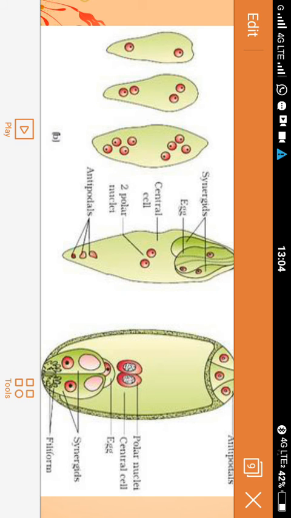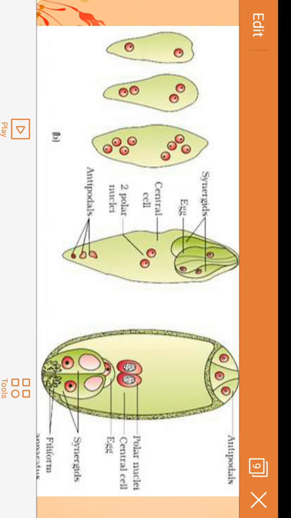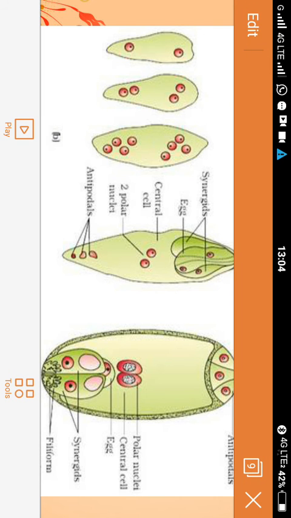At the end of the third mitotic division, 8 nuclei are formed. Among the 8 nuclei, 3 are arranged at the micropylar end, 3 at the chalazal end, and 2 nuclei at the center.